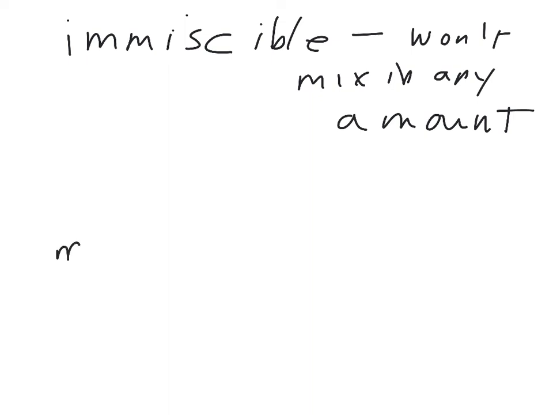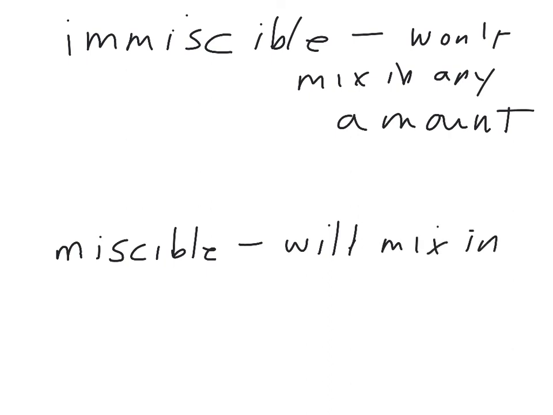The opposite of immiscible is miscible, which means the two substances will mix in any and all amounts, such as alcohol and water, right?